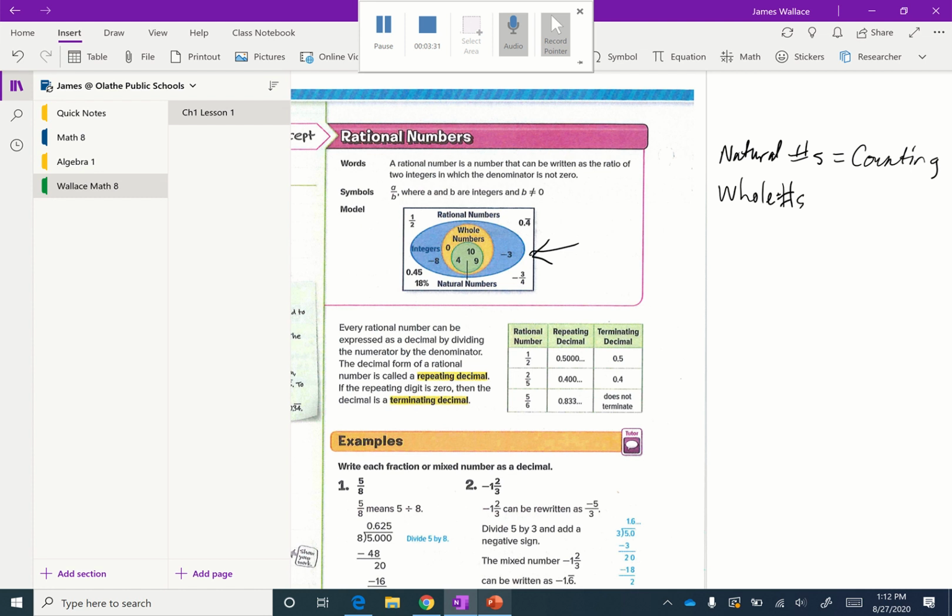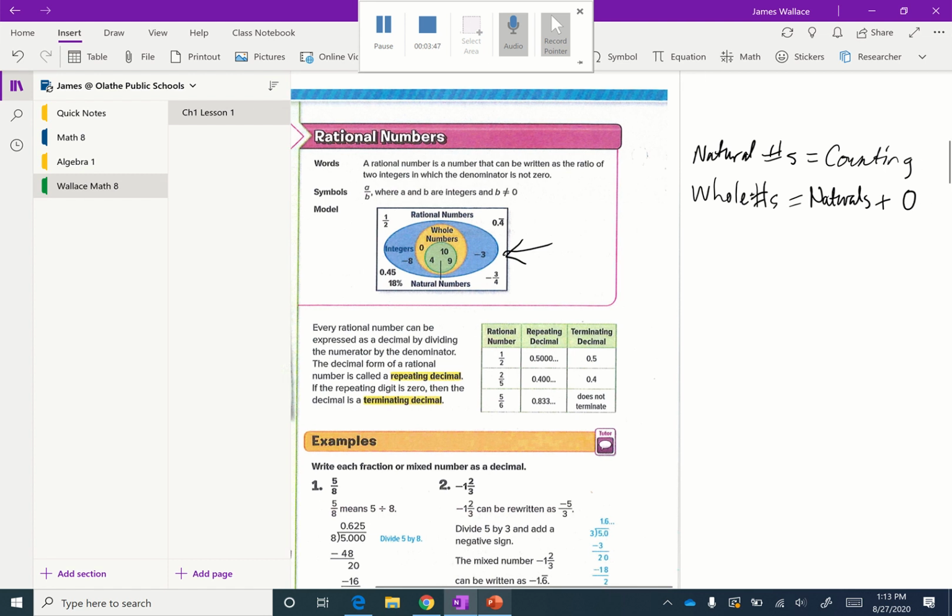These are counting numbers or natural numbers, but also with 0, so plus 0. Sorry if my handwriting is bad, I'm getting used to writing with the Surface pen. So that's your whole numbers in that yellow circle.